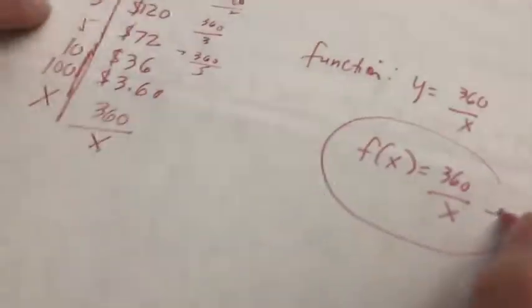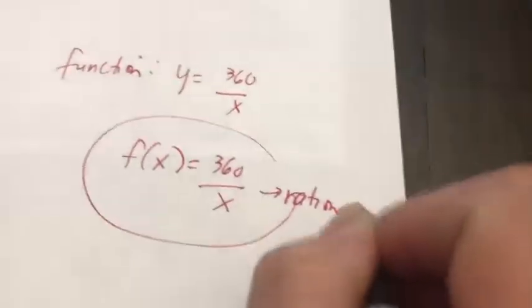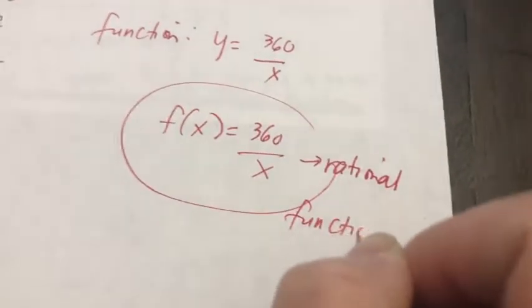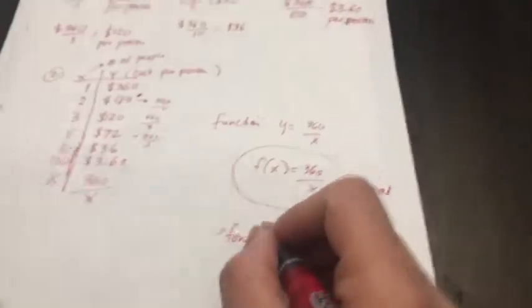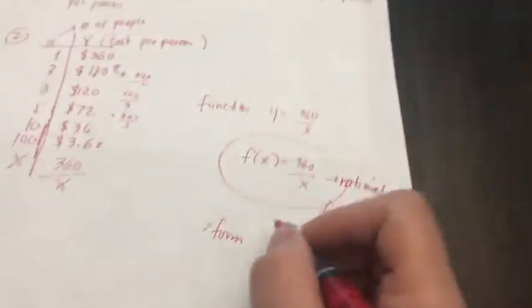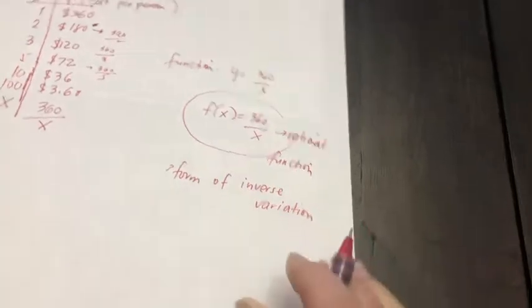So what we just got here is actually a rational function in the form of inverse variation. Why do they call it inverse variation?